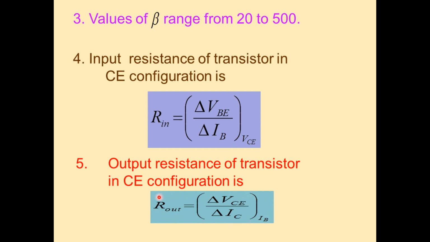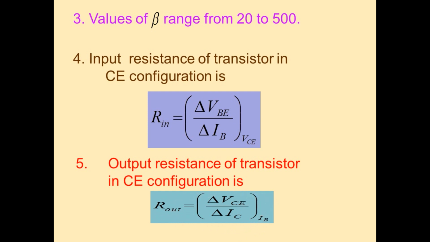Got it? So, the ratio of delta VCE and delta IC at IB constant is nothing but output resistance denoted by R output.